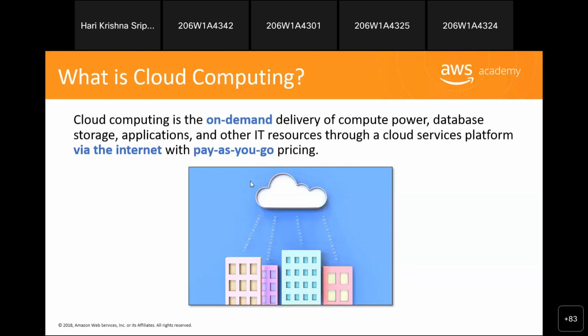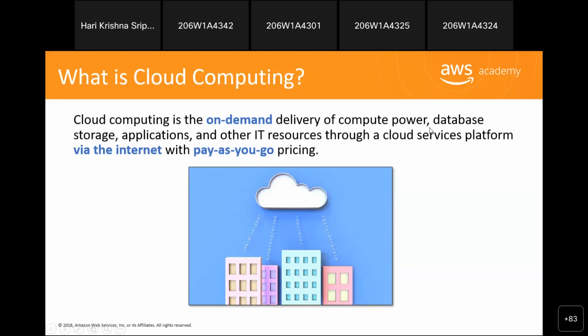Okay. So simply you can understand that you will be exchanging computer power, databases, applications, and other IT resources through a cloud service platform. And we all know that the network is global.